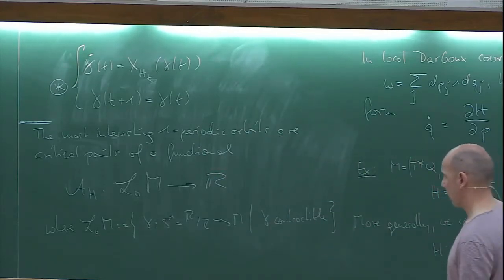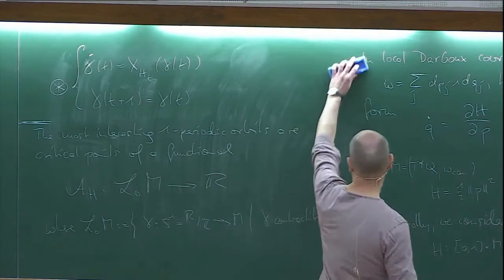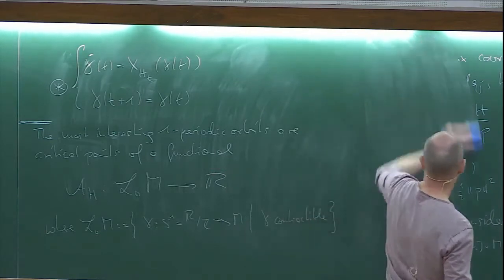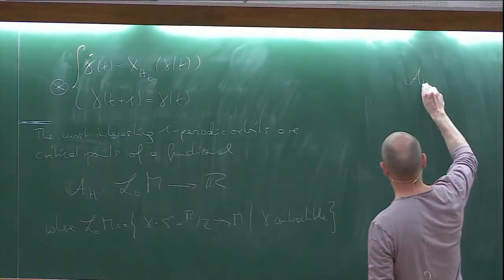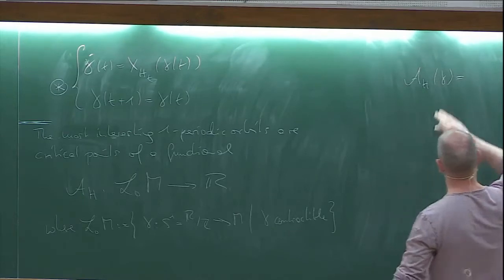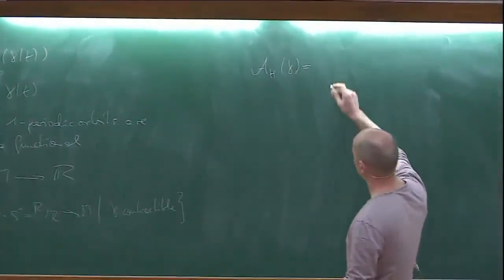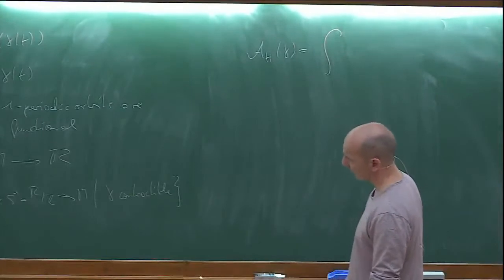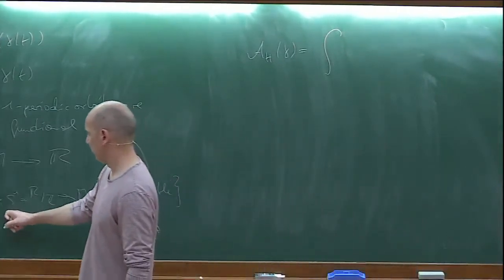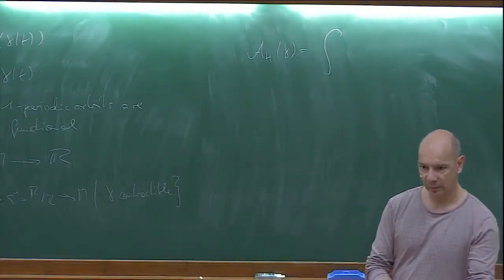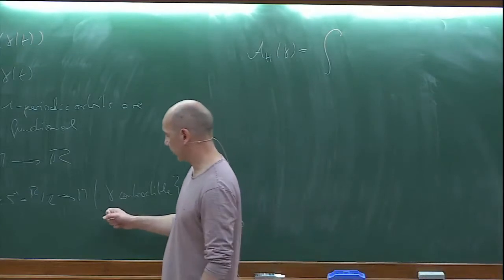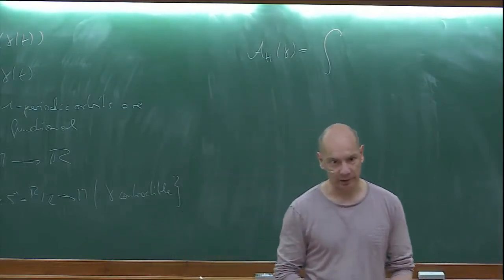And what's that functional? Well, that functional A_H at a loop gamma is defined as follows. Take the integral. So gamma is contractible, which means that there exists some map u from the disk into my manifold M, such that when I restrict u to the boundary, I get my gamma. That's what contractible means.